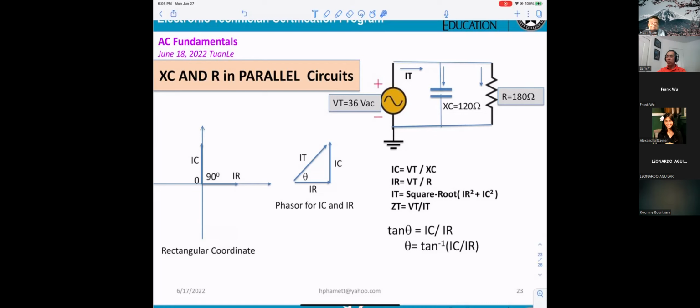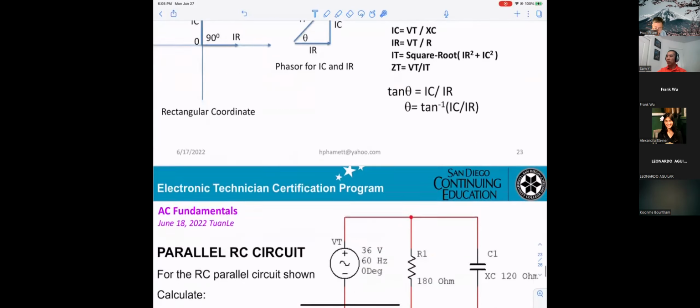To calculate the phase difference, tan theta equals IC divided by IR, so theta equals tan inverse of IC over IR on your calculator.